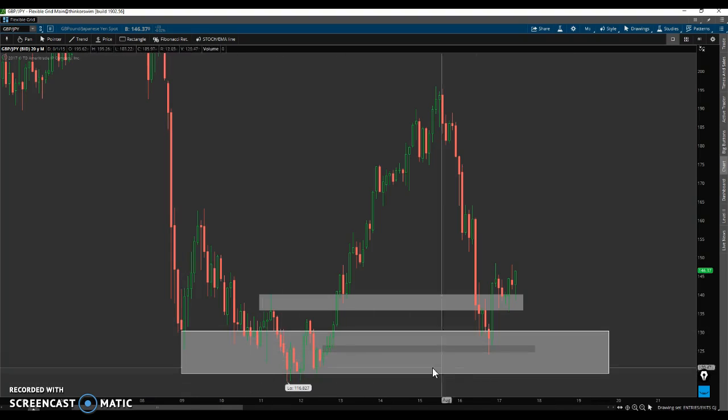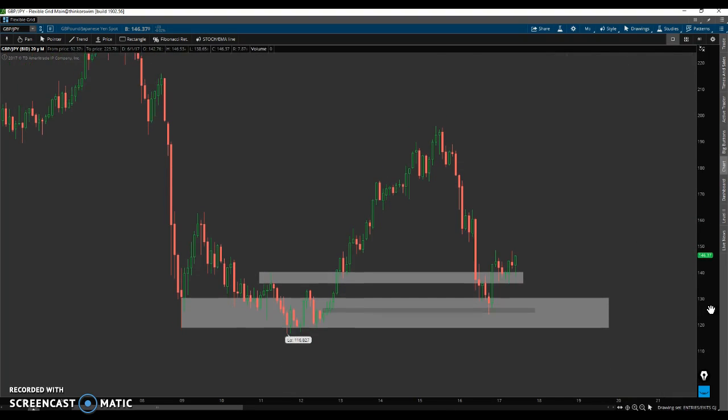Now, the way I trade is I use Fibonacci, I use supply and demand zones, and as an extension of that, I use support and resistance zones and trend lines. But that's basically it. I don't use indicators. You don't see any fancy indicators on my charts.